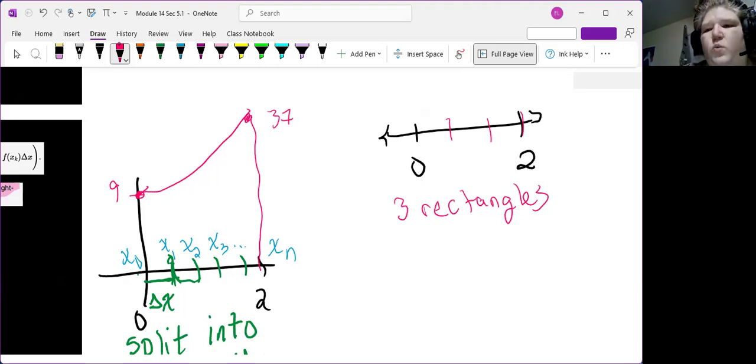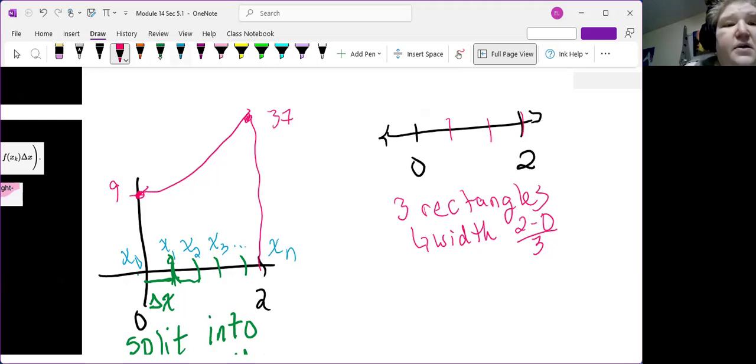And then to figure out the width, I take the full length of the interval, and then I divide it by 3, and that'll give me the width of them. It's not giving me my endpoint numbers, just how wide the rectangles are. So if I have 3 rectangles, my width is 2 minus 0 over 3.